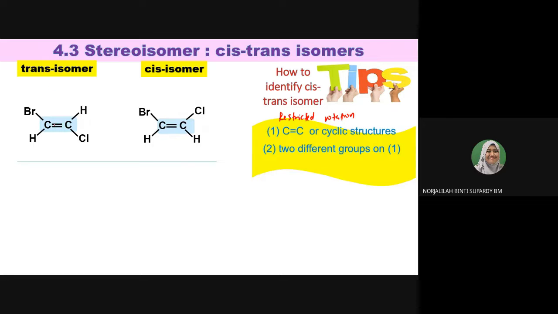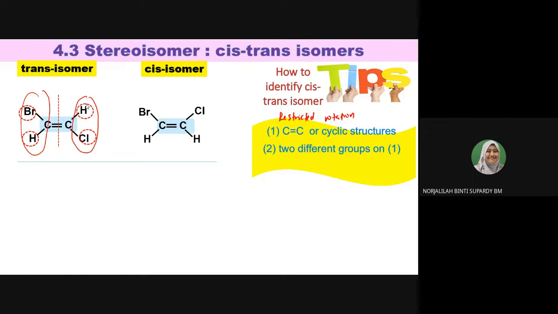Each of the restricted carbons consists of two different groups of atoms, which means you need to refer to this side and another side, and then check whether the restricted carbon consists of two different groups of atoms.